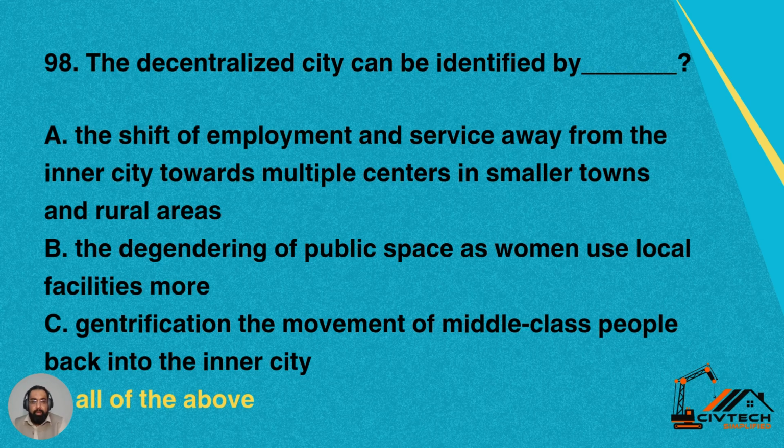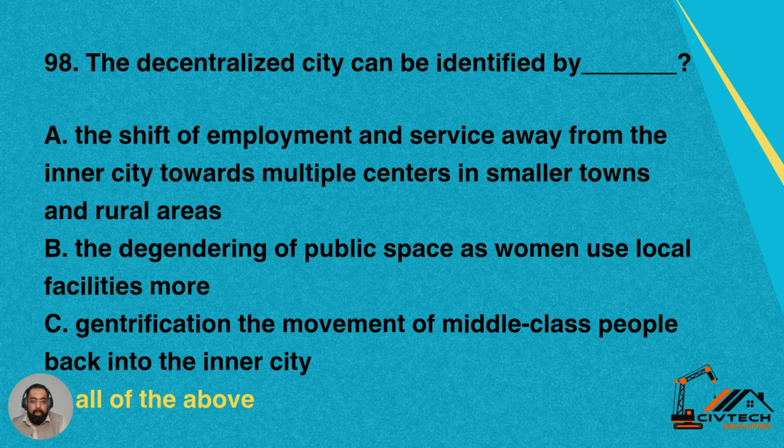Question 98. The decentralized city can be identified by dash. Number A, the shift of employment and service away from the inner city towards multiple centers in smaller towns or rural areas. Number B, the degendering of public space as women use local facilities more. Number C, gentrification, the movement of middle class people back into the inner city.